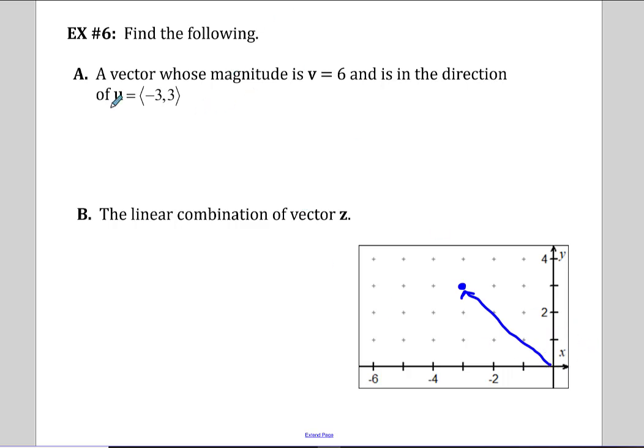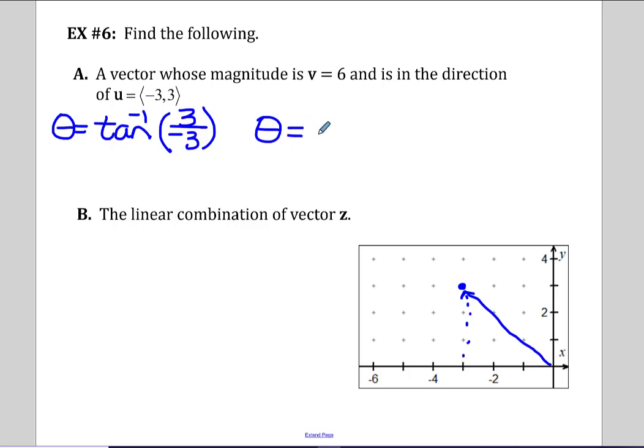So similar to last time, I could find that the direction is going to be the tangent of the y value, which is 3, over the x value, which is -3. So the tangent inverse is going to give me that angle, and that's where tan inverse of -1. So -1 is going to be -45 on the calculator, but I can tell by looking at it, if I add 180 to it, I'm at 135 degrees.